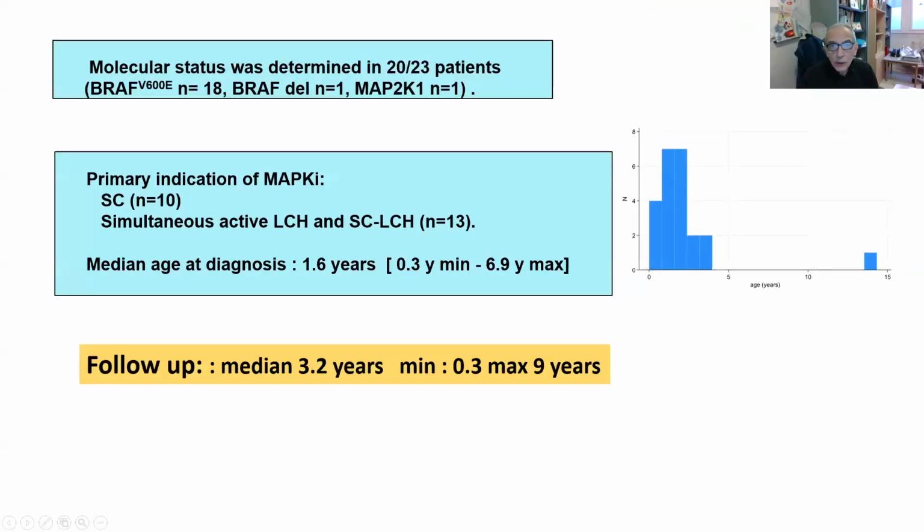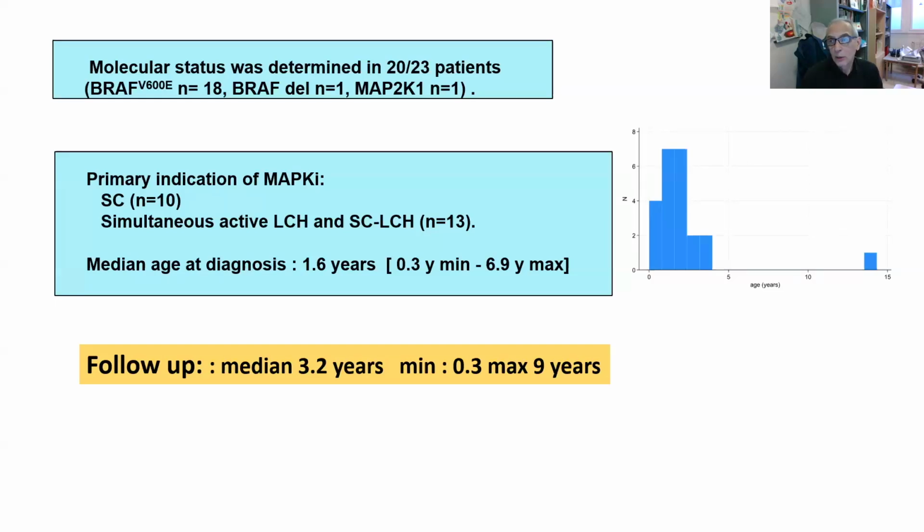So for this, we have finally identified, at the last update, 23 patients with sclerosing cholangitis. We have information about the molecular background in 20.